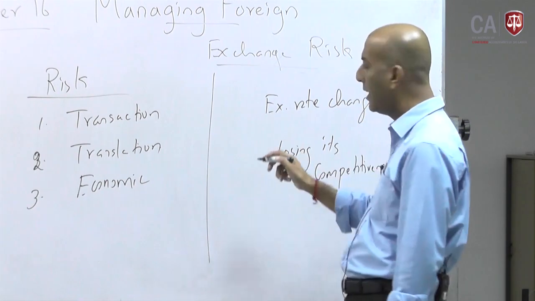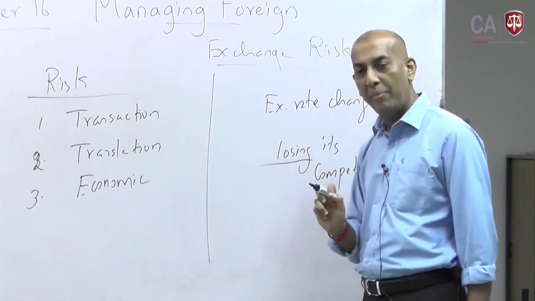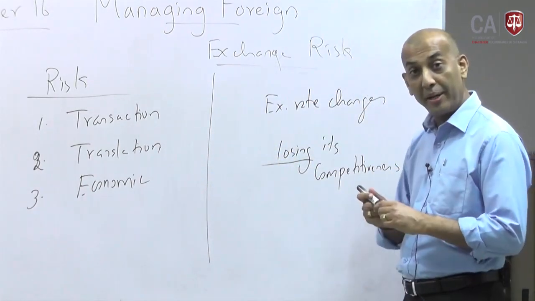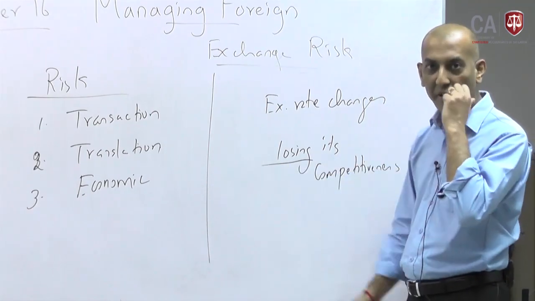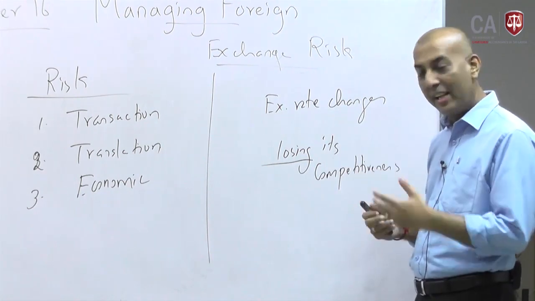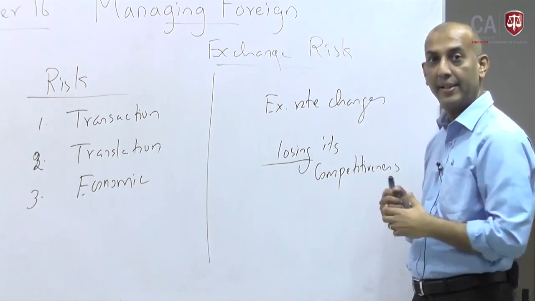It may be losing or gaining, but we will always consider losing as the problem because that is a risk for us. Otherwise you may gain competitiveness also, but we are concerned about the losing, that is the risk we are talking about. So exchange rate changes resulting in you losing your competitiveness in the marketplace.